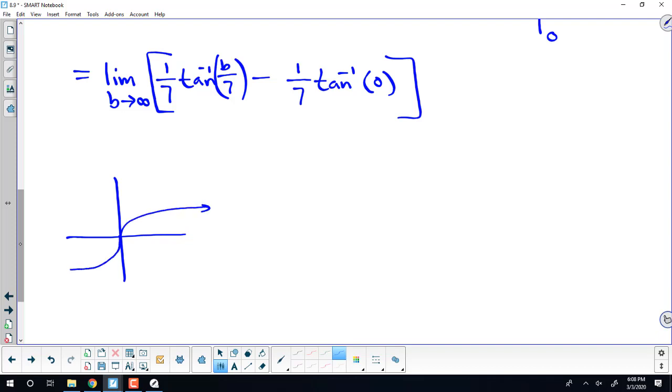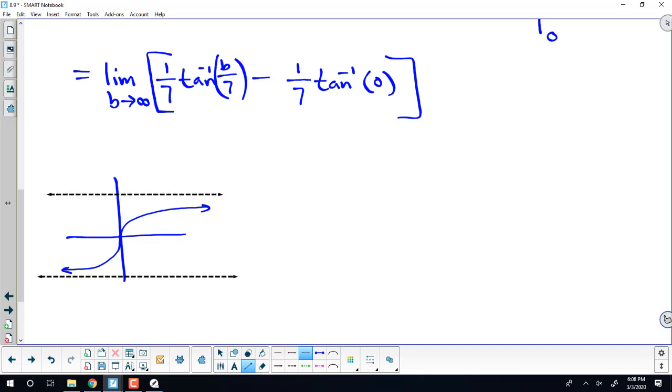So inverse tangent looks something like that. Here are your two horizontal asymptotes, here and here, at pi over 2 and negative pi over 2.